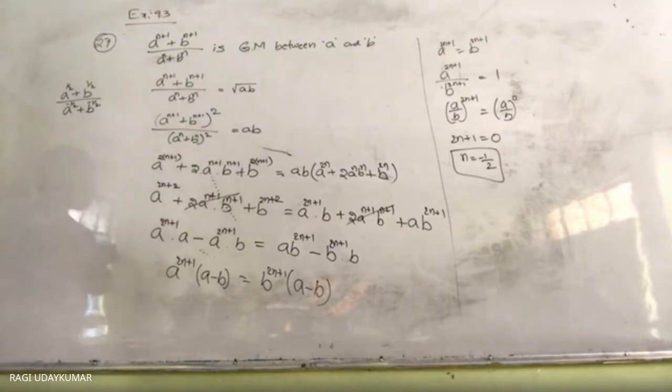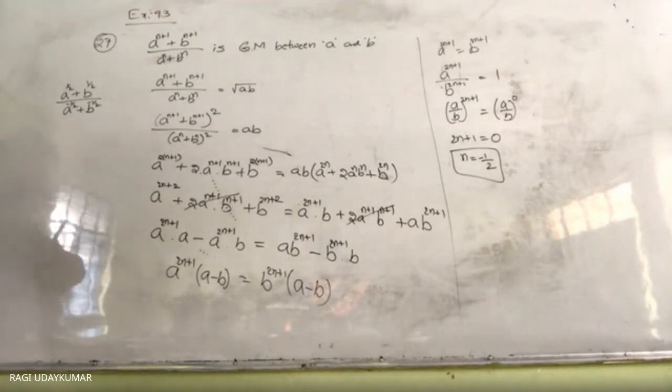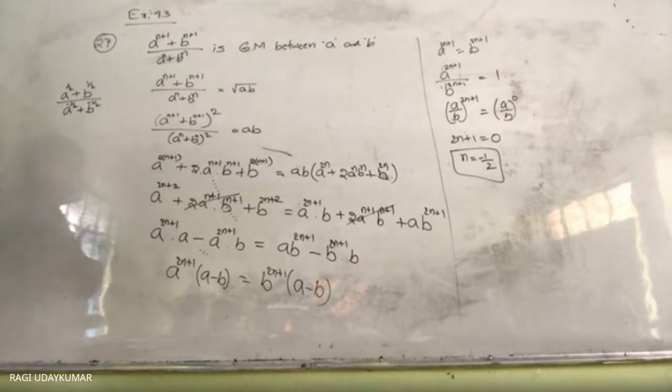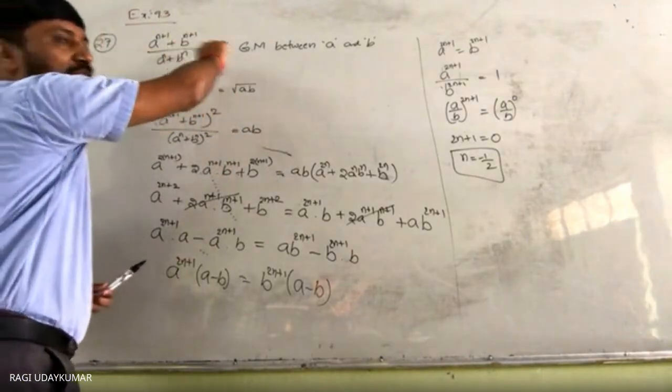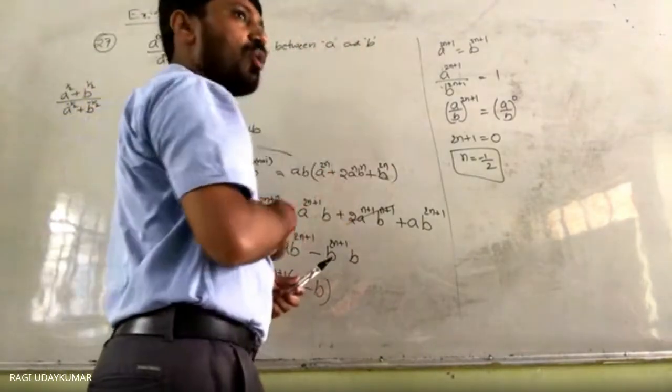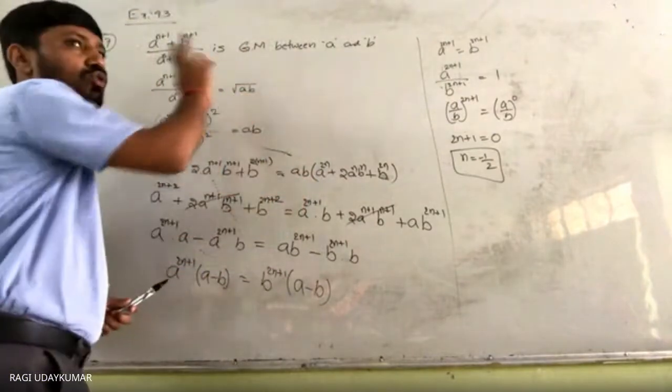Now how is it equal to root ab? Whether it is right or not, what is the question given to you? For what value of n is this the geometric mean between a and b? The geometric mean between a and b is nothing but root ab.